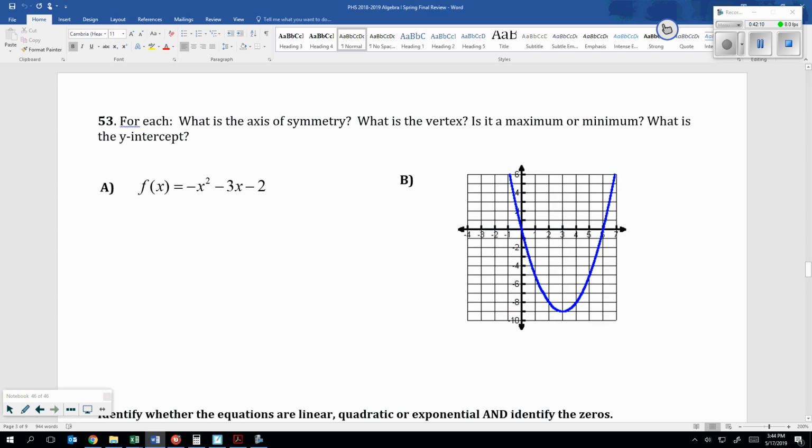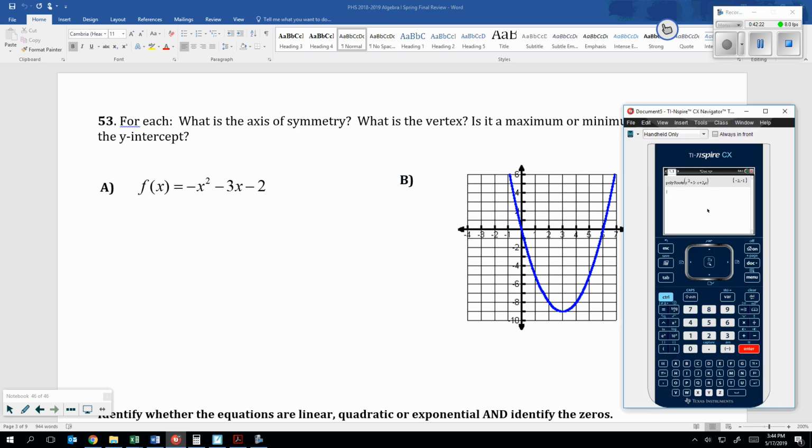So for 53, with this, the best thing to do with A is to graph it. So when we graph it, we have -x squared minus 3x minus 2.